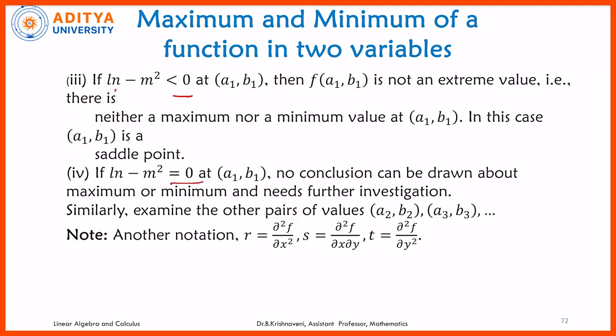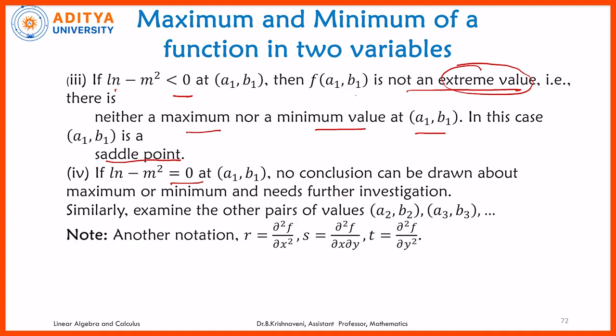Let's see the third case: whenever LN minus M squared is less than 0 at a point (a1, b1), then f(a1, b1) is not an extreme value, that is, it has neither maximum nor minimum at the point (a1, b1). And what is an extreme value? An extreme value is nothing but a maximum or a minimum of a function. So in this case we call the point (a1, b1) a saddle point.